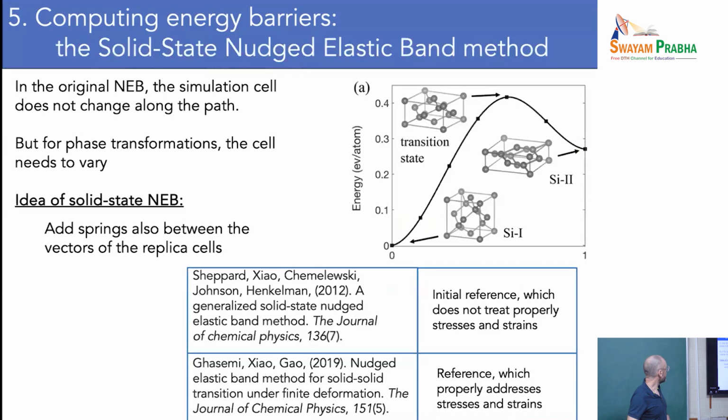And then we quickly talked about the solid state NEB, where you change the shape of the cell along the path. This is done by adding springs not only between the atoms, but also between the cell vectors, between the different images. And as I was saying, there are two instances of the method.